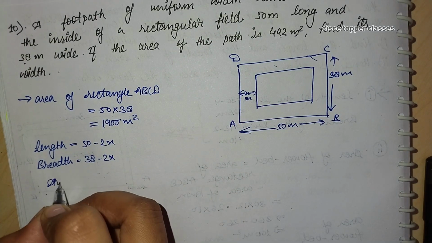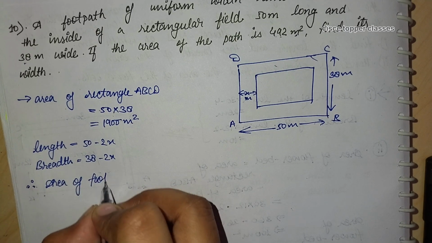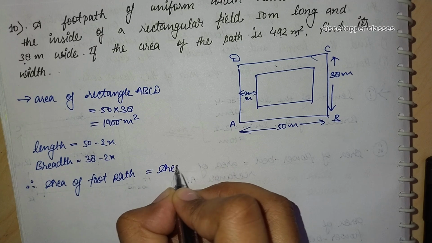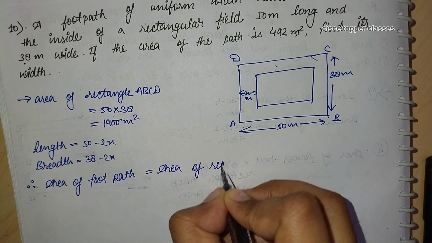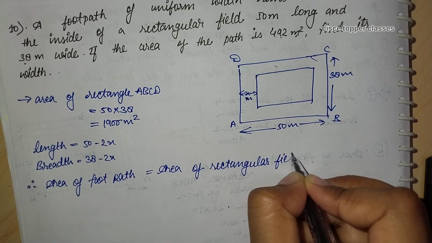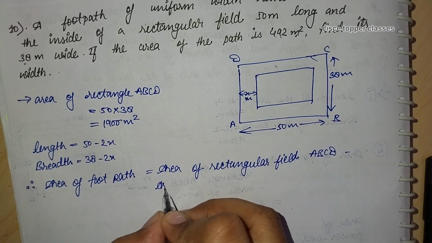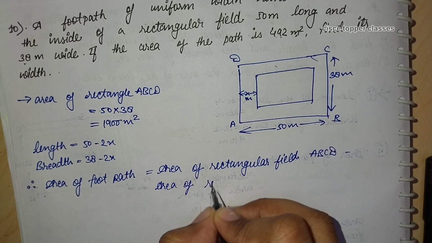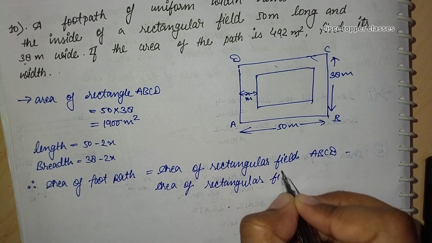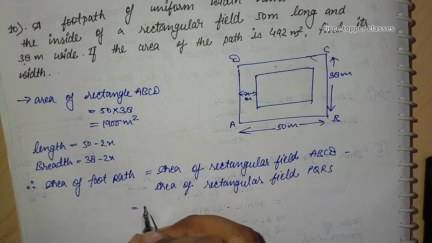So here we can write area of footpath equal to area of rectangular field ABCD minus area of rectangular field PQRS. So we can just write the value of area.